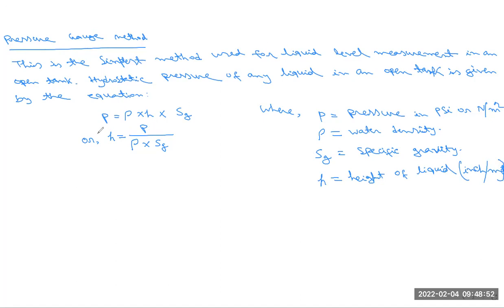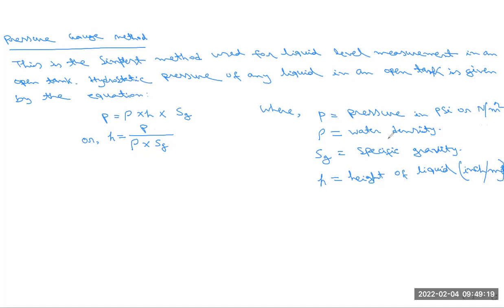Please remember these things also. So we know the equation P equals H into rho into Sg. When you have to measure the height of the tank or the height of the liquid level inside the tank, H equals P by rho into Sg, where P is basically the pressure measured in PSI, or sometimes Newton per meter square.